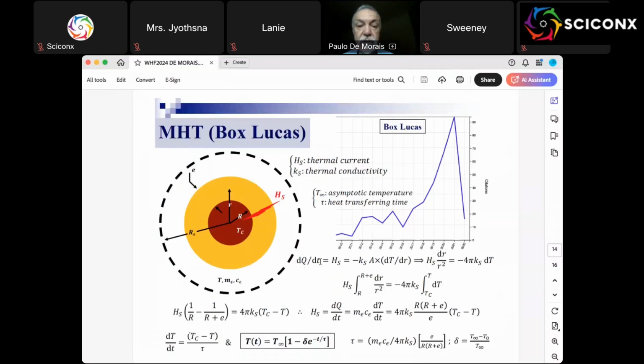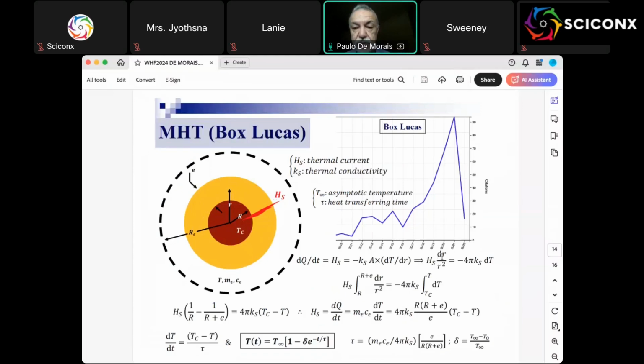The heat production rate is the definition of the thermal current. And then we can scale the thermal current with the thermal conductivity, the area across which the heat is transferring, and the gradient of temperature.